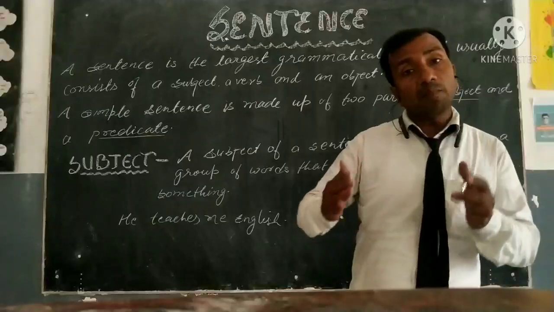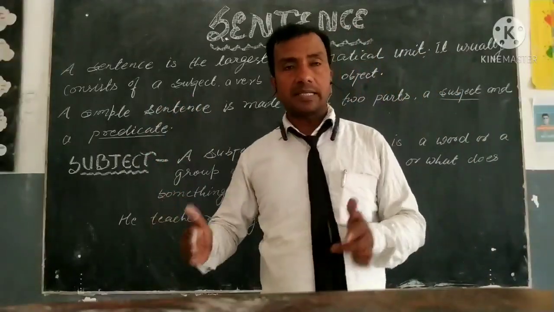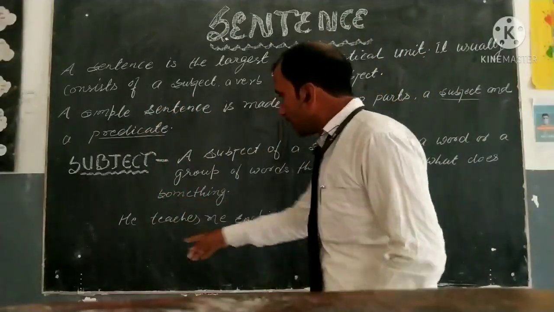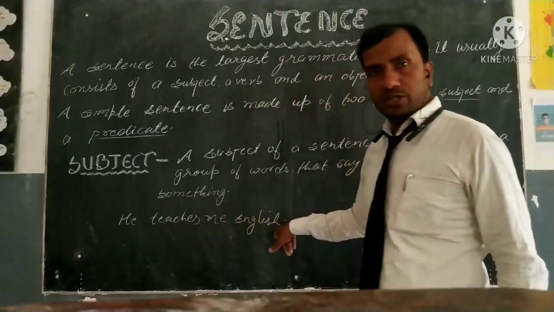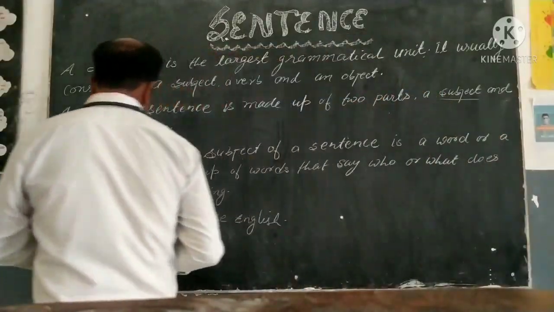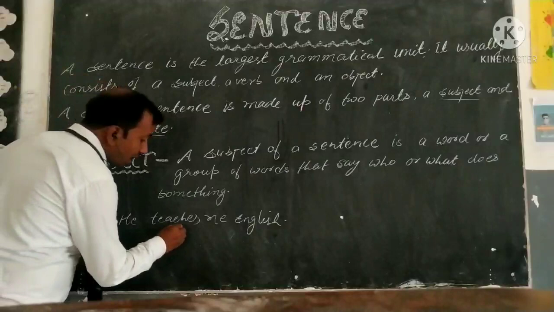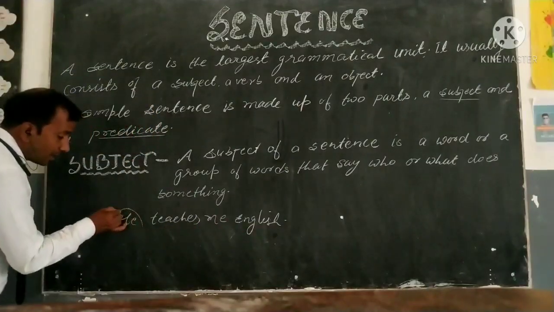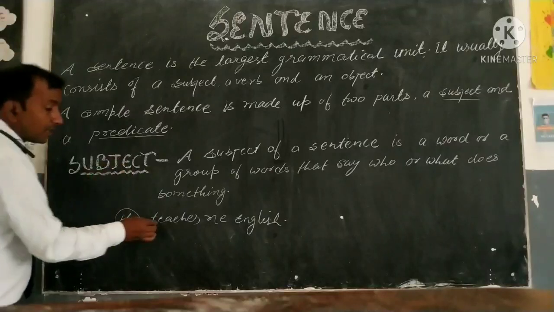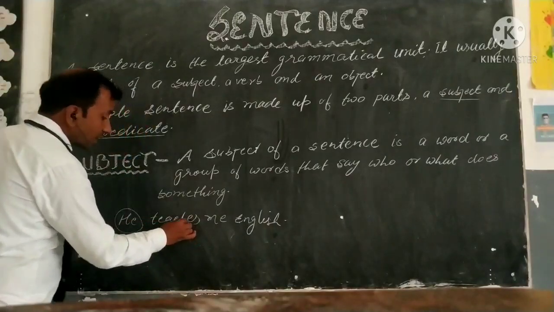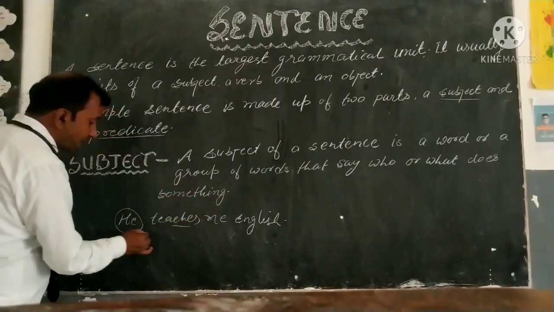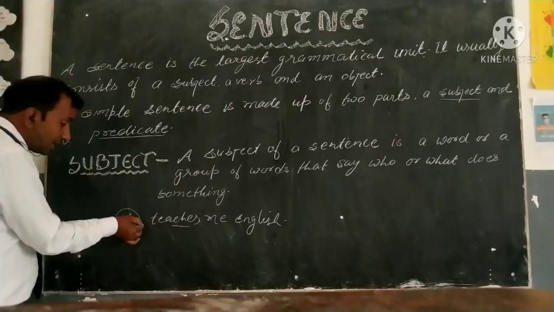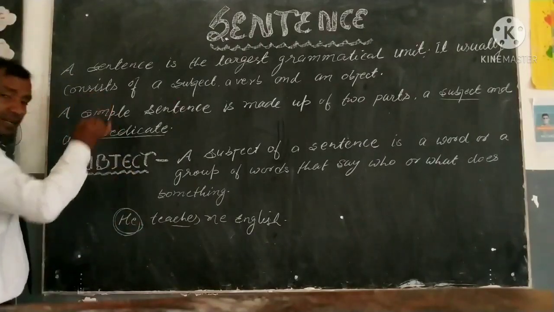That means काम कौन करता है. जैसे हम कहते हैं यहाँ he teaches me English. Then if we ask who teaches me English, then the answer will be he. That means the work of teaching is being done by him. That's why he will be the subject.